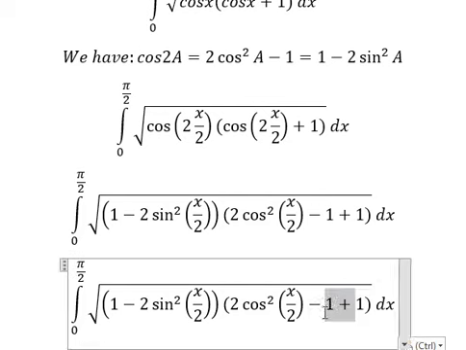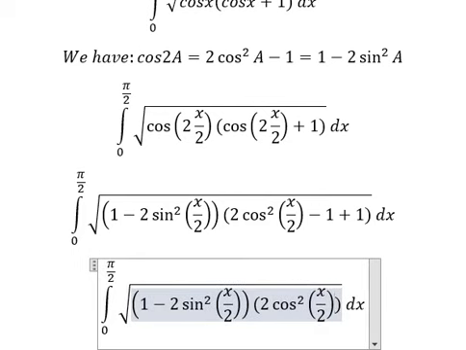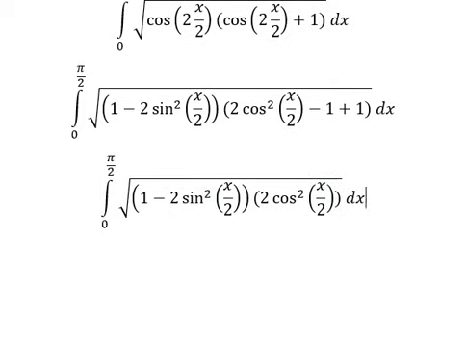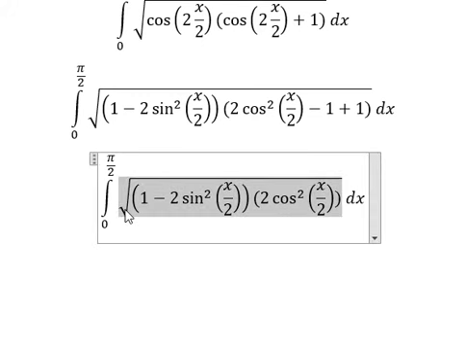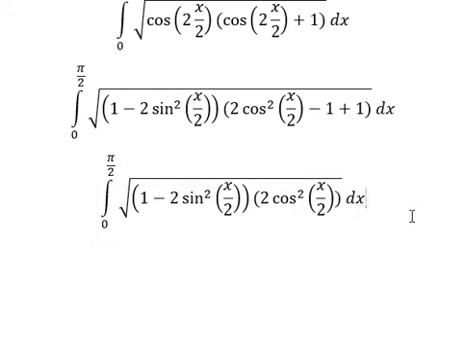One minus one, they cancel. Next, we have the square root, and number 2 we put outside.